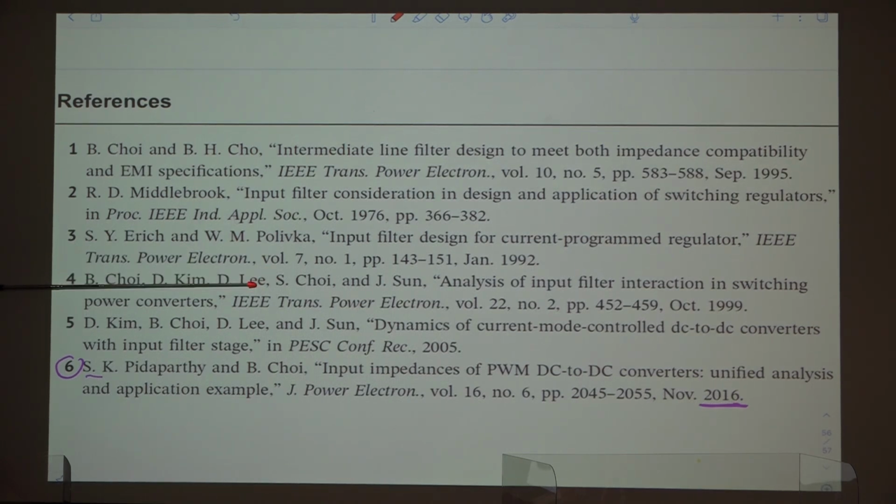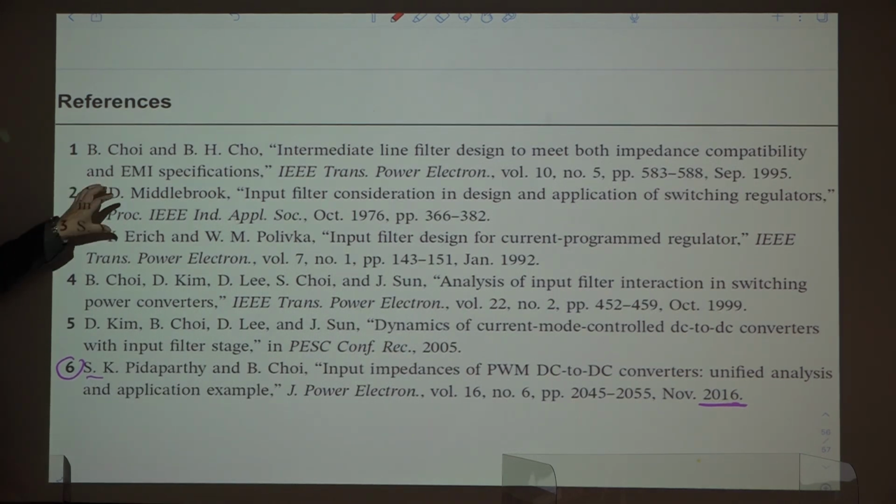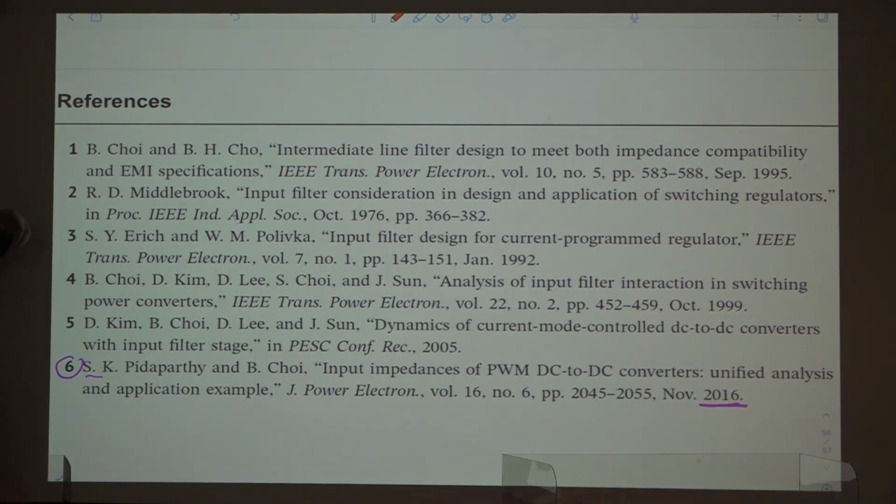I wrote 2 papers about input filter interaction. I formally used the EET, his EET, but in his paper he didn't explicitly state the EET. He just mentioned the output equation based on the EET, so many people still don't know what he was talking about. He was talking about the EET without mentioning it.